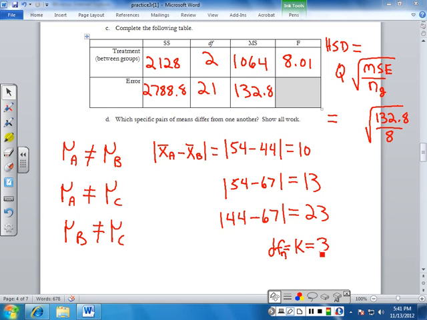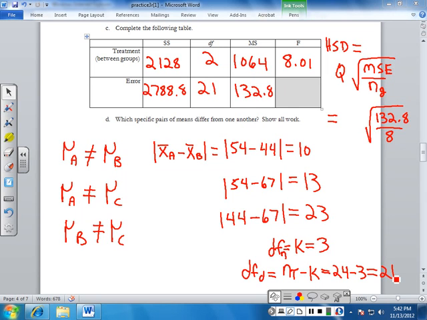So for the denominator, it was total sample size minus K, or 24 minus 3 is 21.